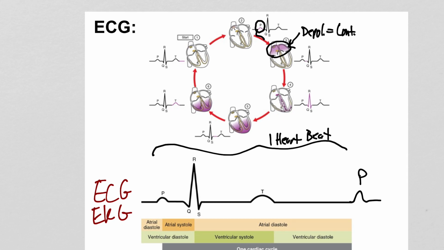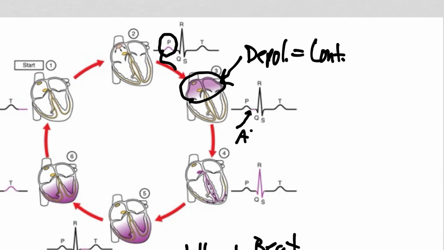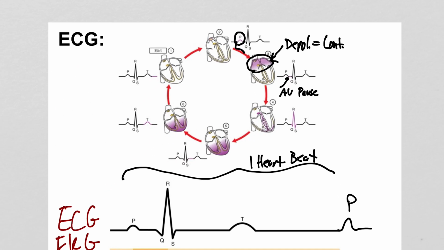Notice if you look very, very closely, this little purple region right here in between P and Q, that is the pause. That is the AV node pausing the action potential. That's why the line is flat, giving the atrium time to finish contracting so we can fill up the ventricles. Once that's over and the AV node releases that signal to go down our bundle branches, down into the ventricle, then we get this QRS spike.